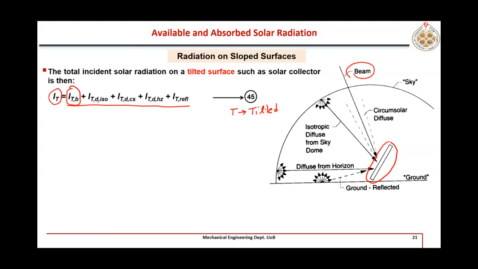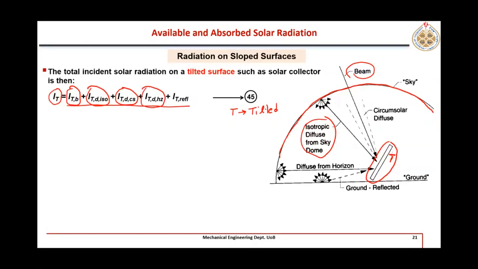diffuse radiation that is isotropic, coming uniformly from the entire sky. That is isotropic diffuse radiation falling on that tilted surface. Third one is diffuse but circumsolar, falling on the same tilted surface.